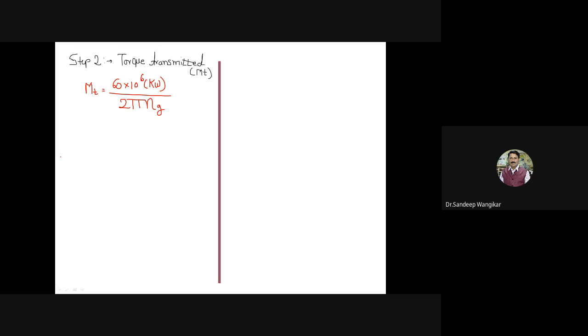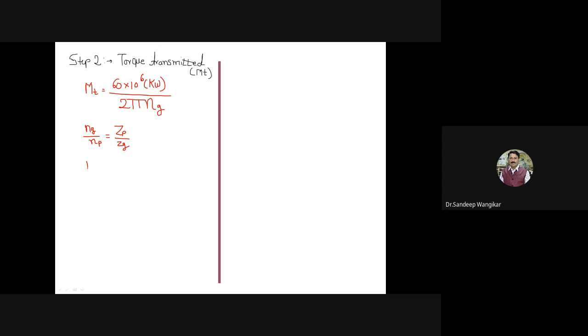So now how to calculate this NG? I have one relation: NG by NP is equal to ZP by ZG. From that, NP ZP is equal to NG ZG. Then and only then will gear perform its functions and we will get whatever required transmission ratio.